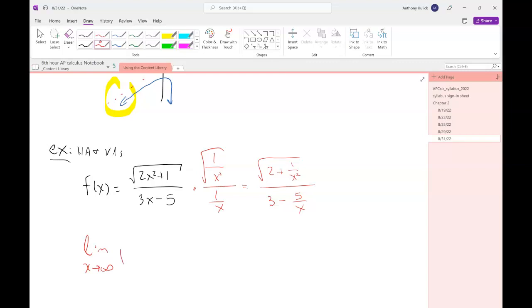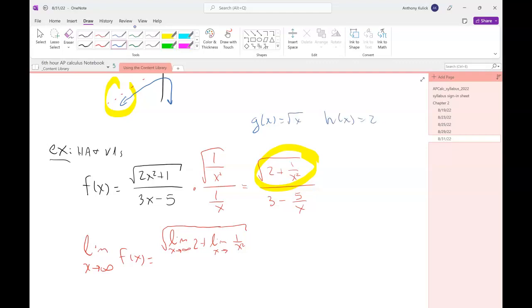So if I then take the limit of f of x, remember I can take the limit of a composition. What does that mean? Just throw it in. I can think about that as the composition of two functions, where g of x is the square root of x, and h of x is 2 plus 1 over x squared, where this is g of h of x.